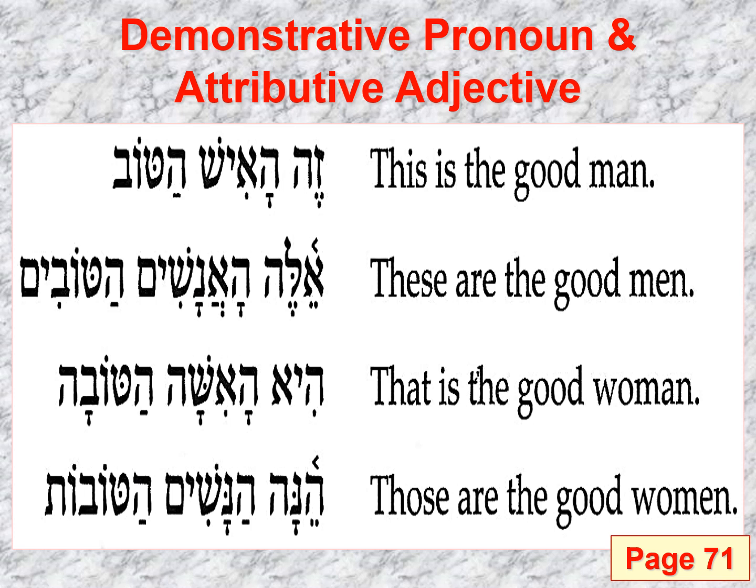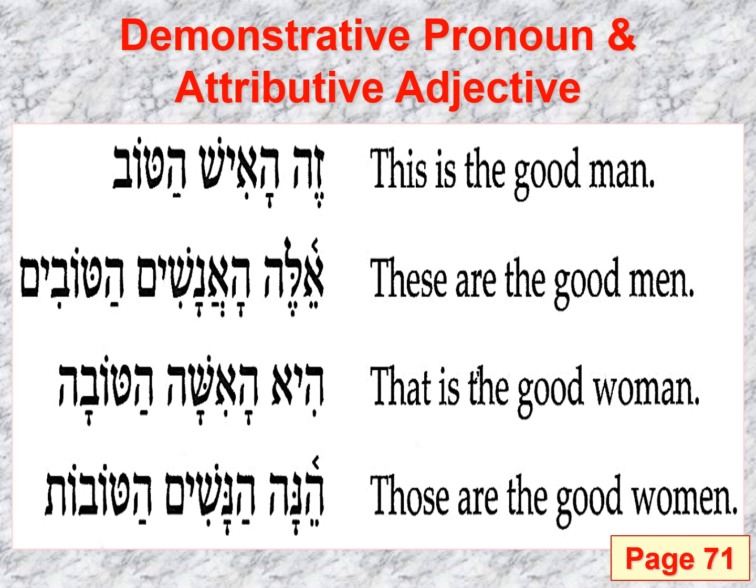And so you might even, depending on context, be aware of this, since he is also a personal pronoun. That could be she is the good woman. I know I'm throwing a wrench in the well-oiled machine of your mind, but this is where context plays out. So he, ha'isha, hatova.